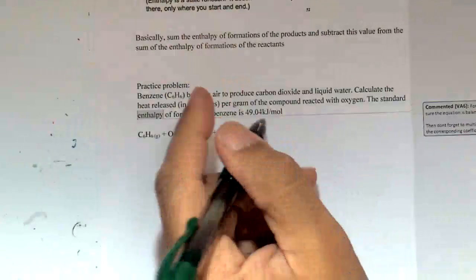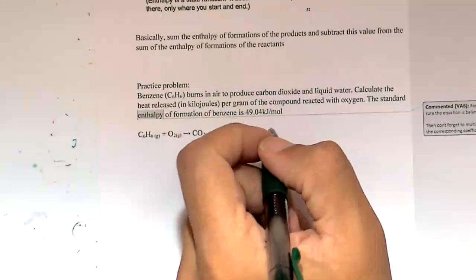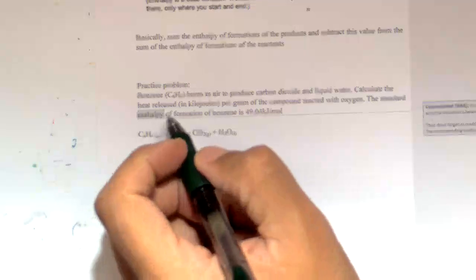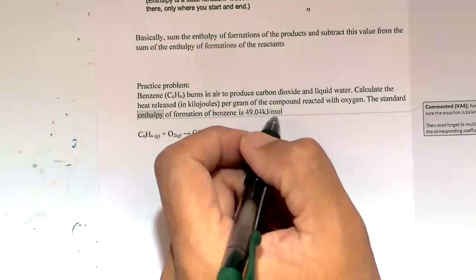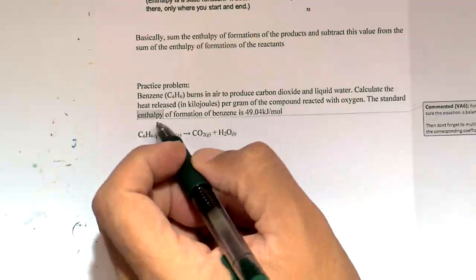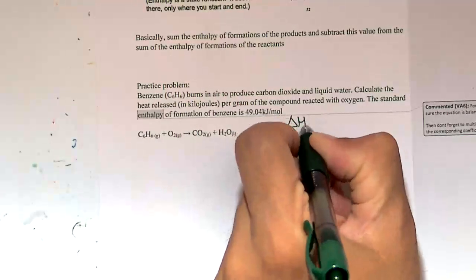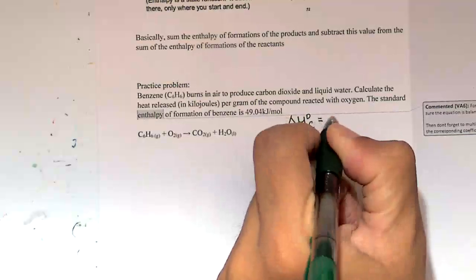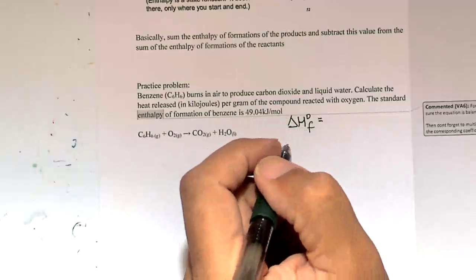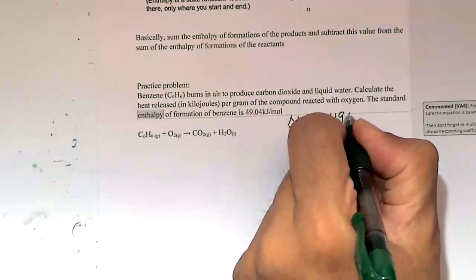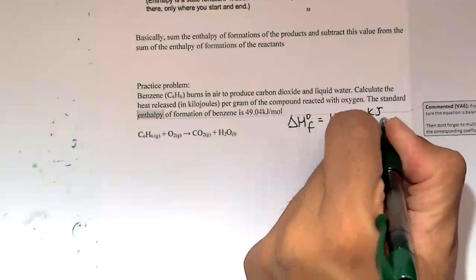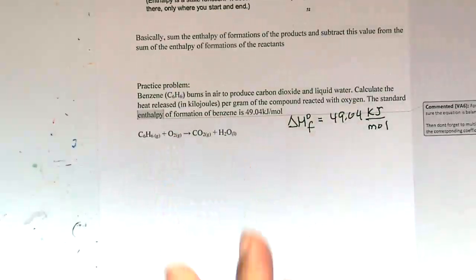Benzene burns in air to produce carbon dioxide and liquid water. Calculate the heat released in kilojoules per gram of the compound reacting with oxygen. The standard enthalpy of formation of benzene is 49.04 kilojoules per mole.